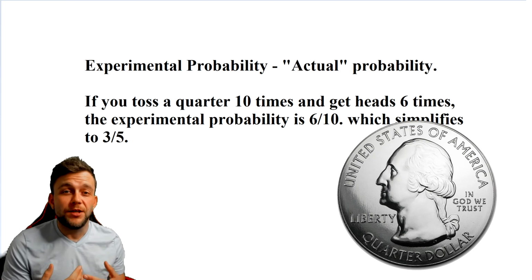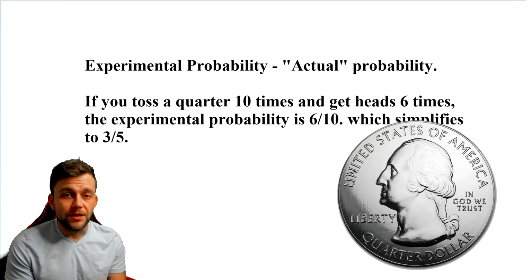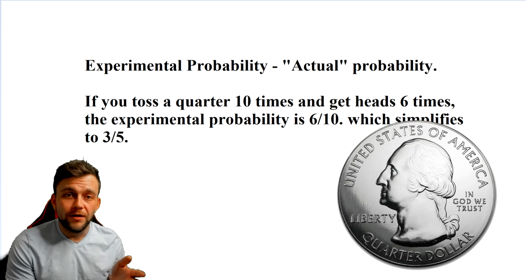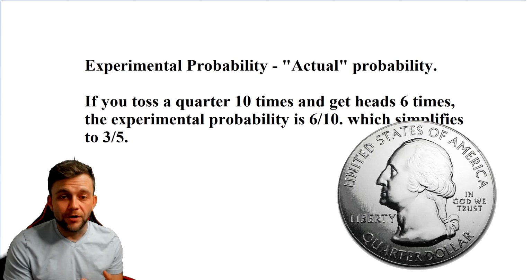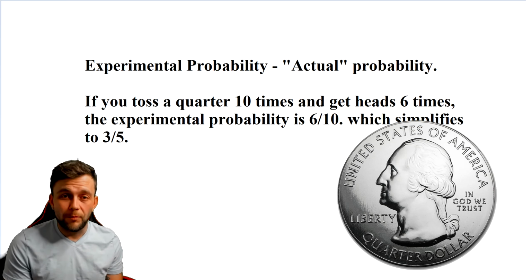So this is your experimental probability. Now, if you're just writing it out, there's always the theoretical probability of 1 out of 2 of getting heads on your quarter. I hope that clarifies the differences between experimental and theoretical probabilities.